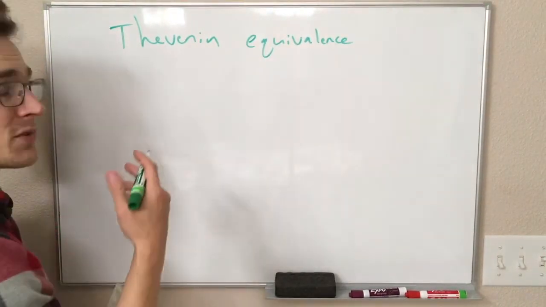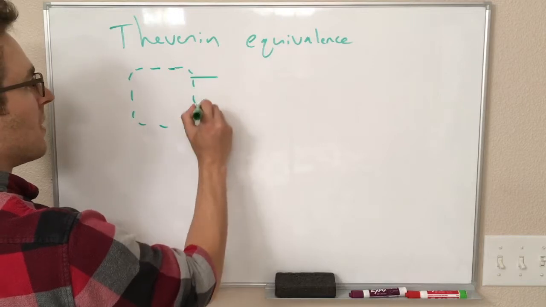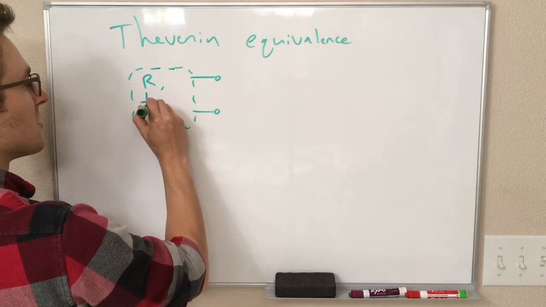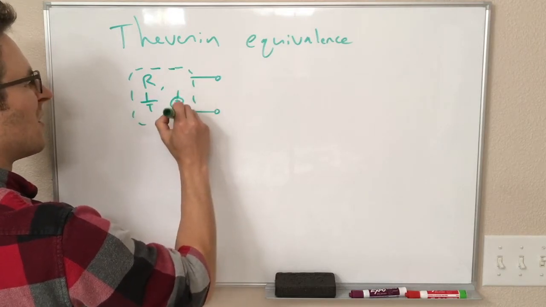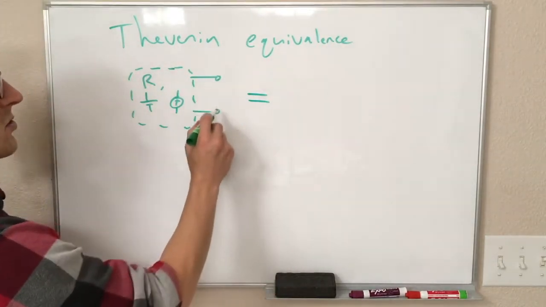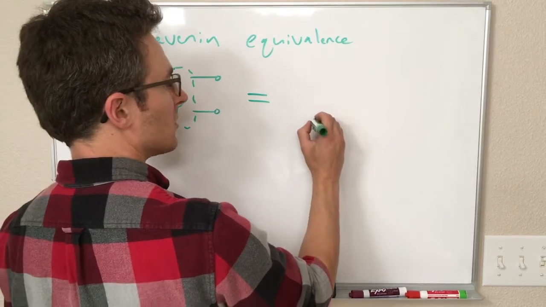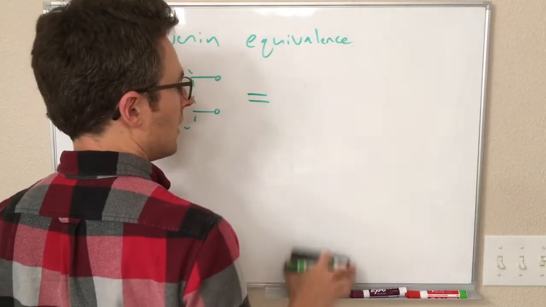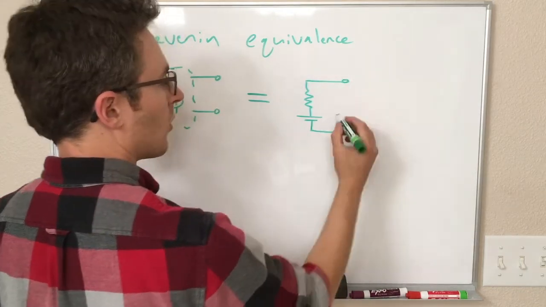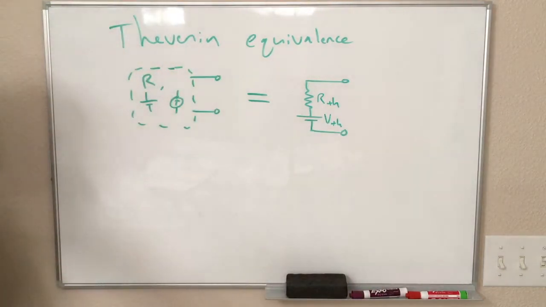So remember, for resistors, Thevenin's theorem said that any circuit that is a mess of resistors and voltage sources and current sources, whatever tangled mess we can come up with here, is exactly equivalent, with respect to whatever is connected at these two points, to a single voltage source in series with a single resistor, where we just have to find these values, R Thevenin and V Thevenin. So this is for our DC circuits.